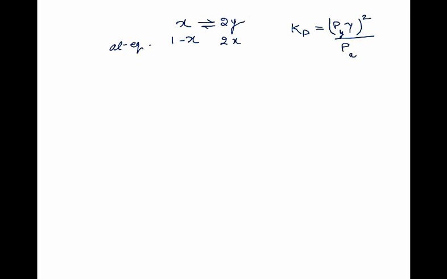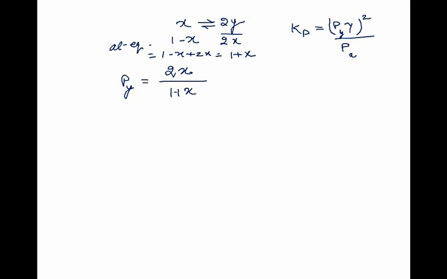Now what is the partial pressure of Y? Partial pressure is equal to the mole fraction times the total pressure. The number of moles of Y at equilibrium divided by the total number of moles, which was 1 minus x plus 2x, and this gives 1 plus x.